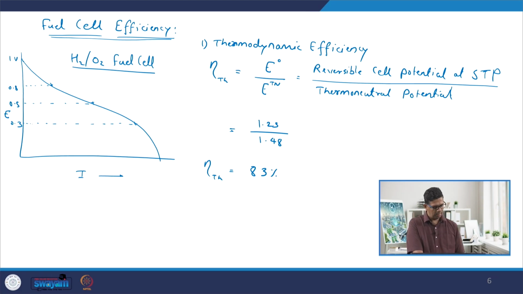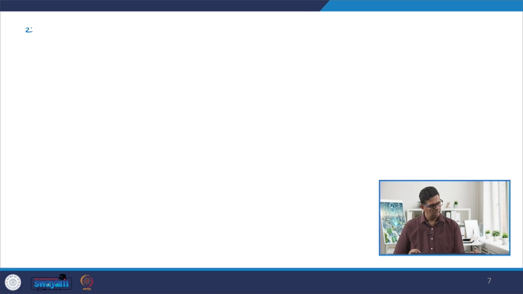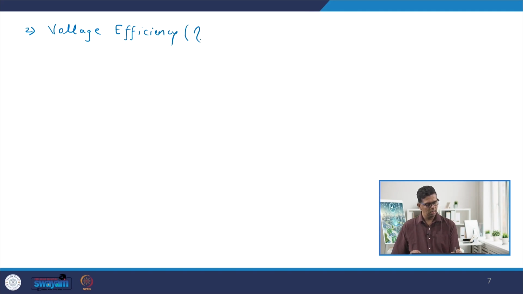Then, let us go to the next type, that is the voltage efficiency, denoted by eta voltage.